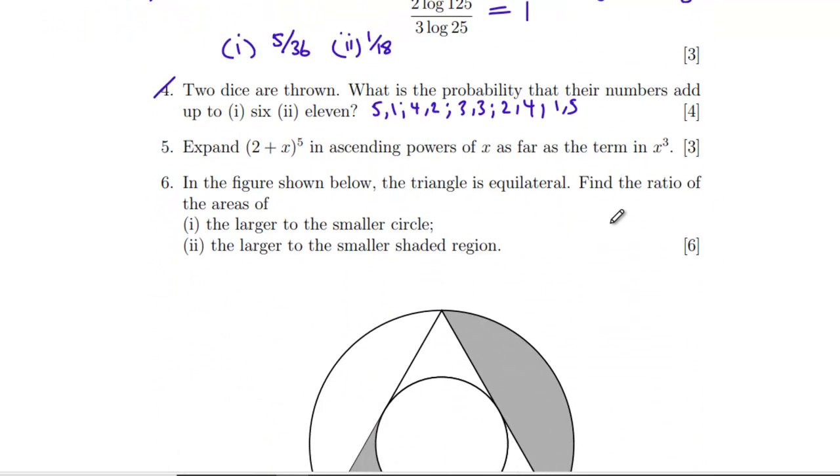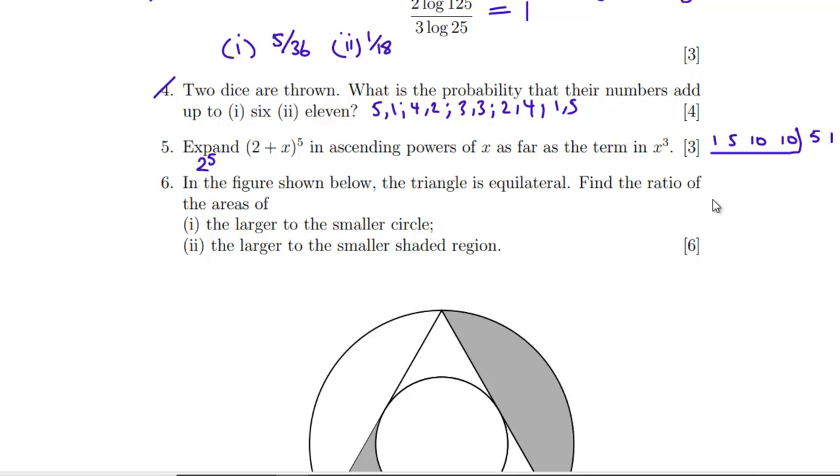Right, expand (2 plus x) to the power of 5 in ascending powers of x as far as the term x cubed. Right, so we're going up. So if it's the 5th level of Pascal's triangle, then that is the 1, 5, 10, 10, 5, 1 layer. So we just need up to x cubed. So that will be these ones. So we're going to have 2 to the 5. Let's squeeze it underneath.